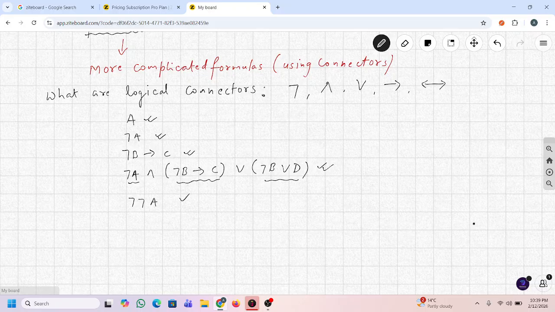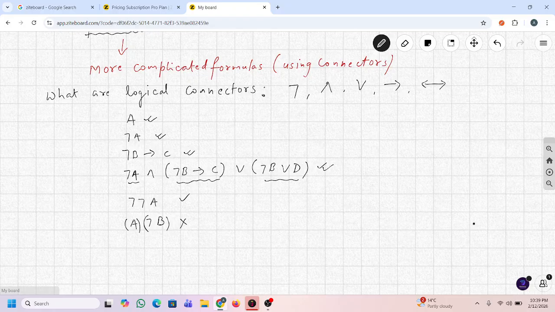Now, A negation B, is this a valid formula? No. Why? Because A and B are not connected to each other. Negation B is itself a symbol and A is itself a symbol.